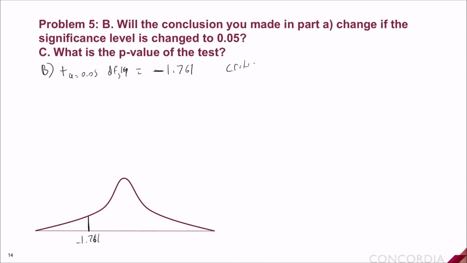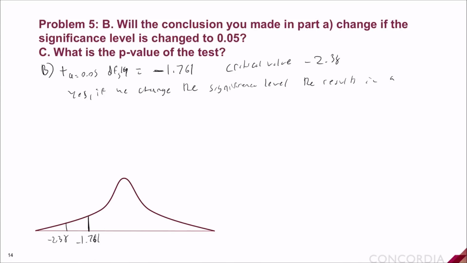However, our critical value does not change, and it would still be negative 2.38, which would now be to the left of our cutoff point, which would mean yes, if we change the significance level the results in A will no longer be valid, as we would now reject H0 in favor of H1.